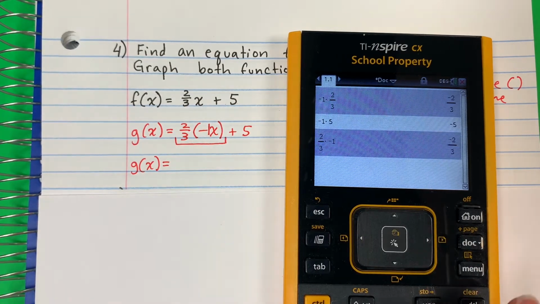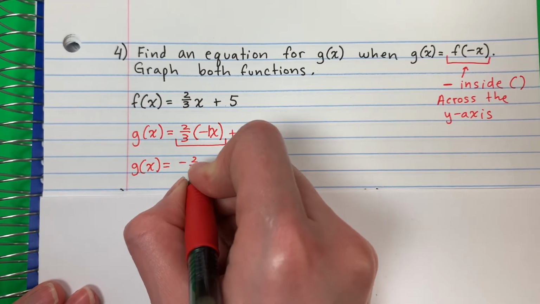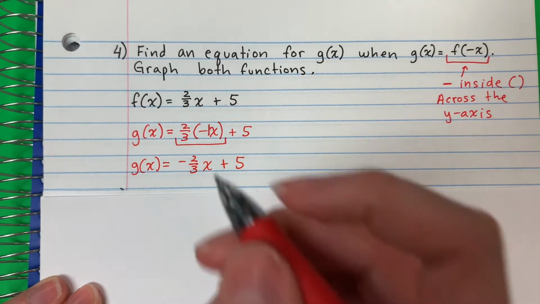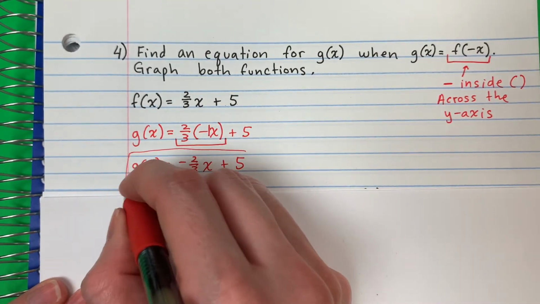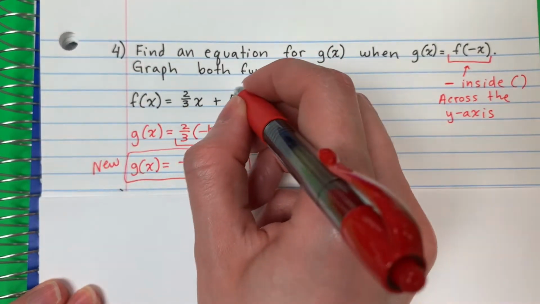It's negative 2/3. Copy x plus 5. So this is my new, and this is my old.